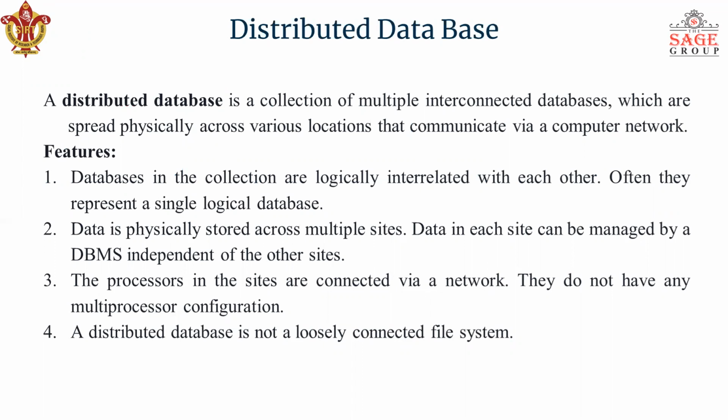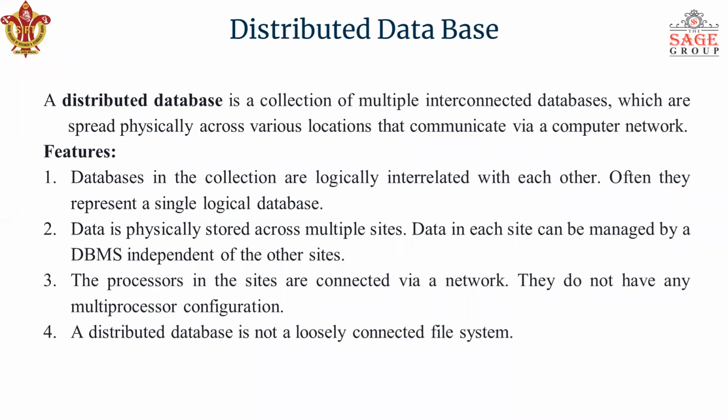A distributed database is a collection of multiple interconnected databases which are spread over multiple locations and communicate via a computer network. There are some important features of distributed database. The database is a collection of logically interrelated data.